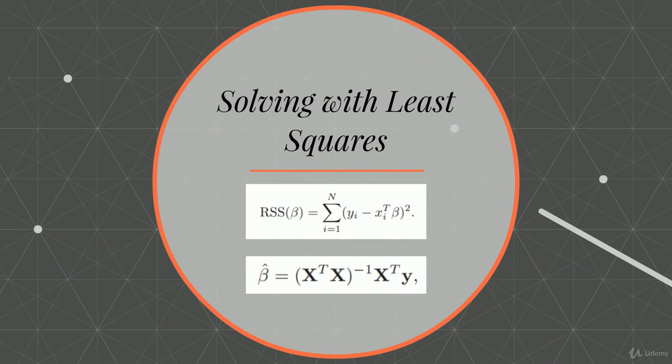So, solving with least squares. Again, least squares is one of the best methods that we have to estimate our parameters beta from our training data. In this method, we first pick the coefficients beta to minimize the residual sum of squares, which we talked about in the previous video, learning linear methods for classification.